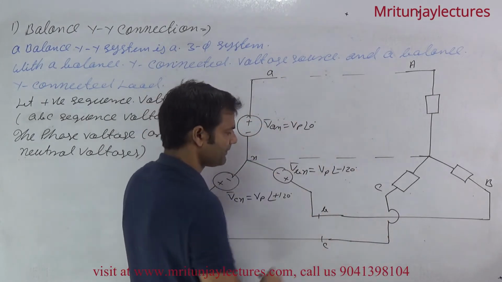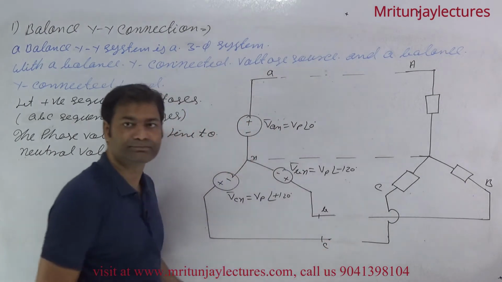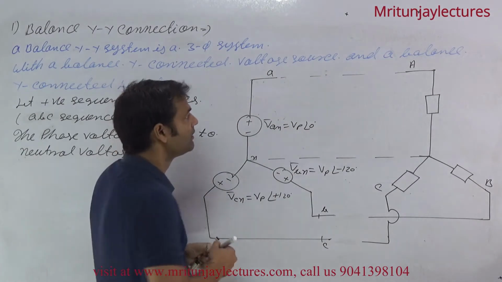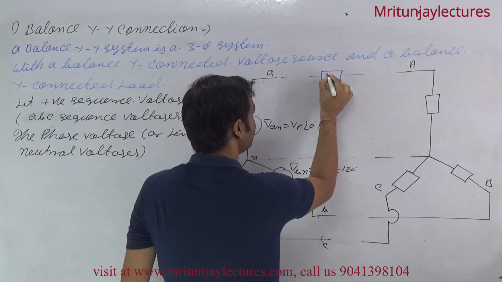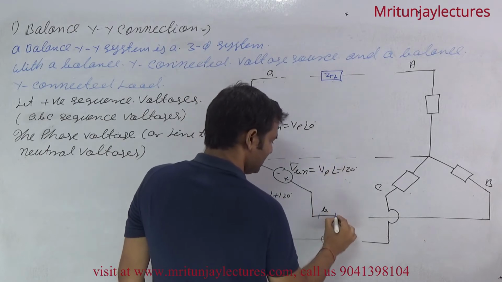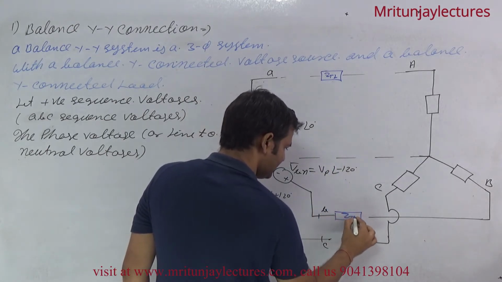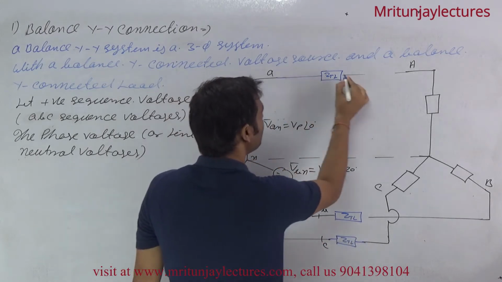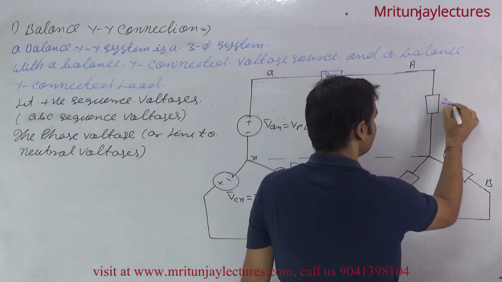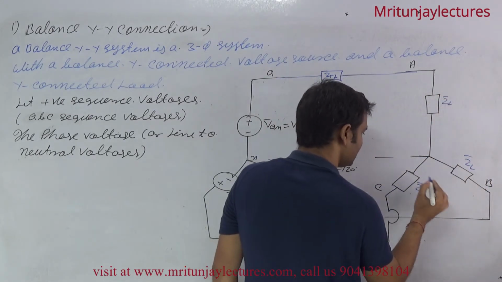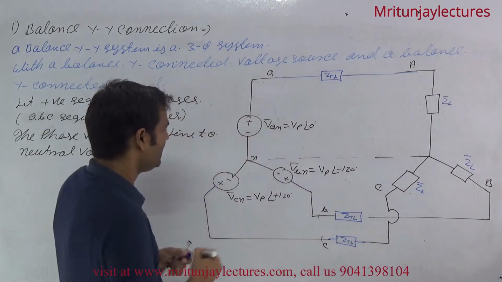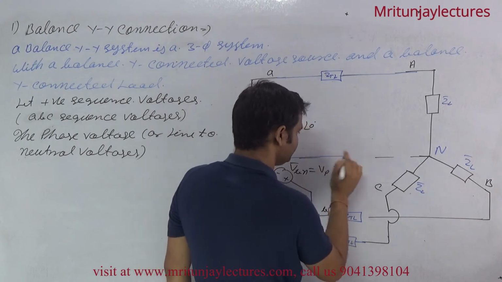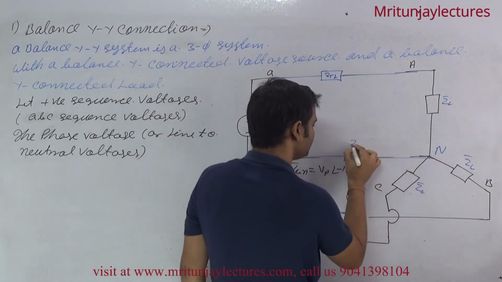Clear? Now practically in between, that is transmission line, that's why we have considered ZTL. In between, this is also ZTL and that is also ZTL. And that is ZL and ZL. And this one is neutral, and this impedance is Zn.